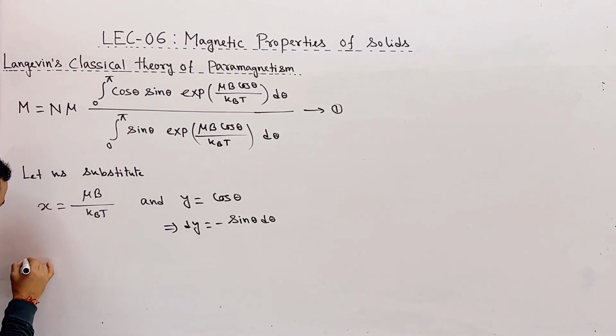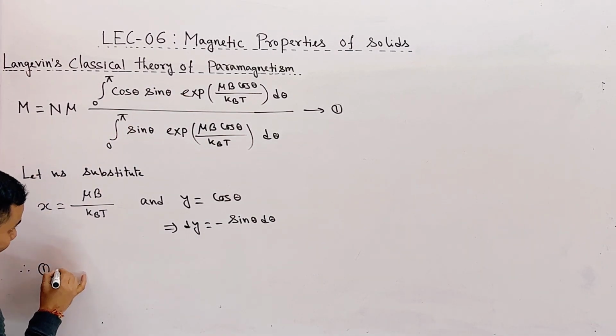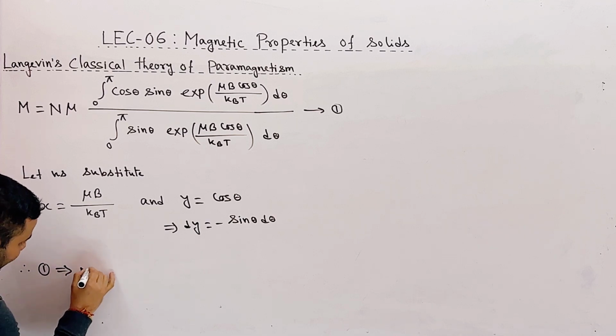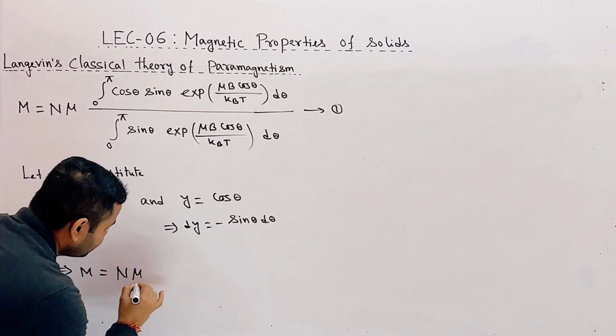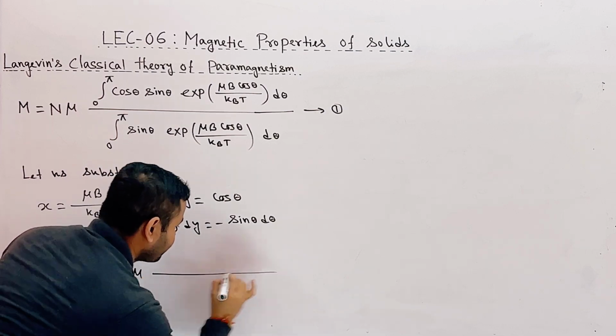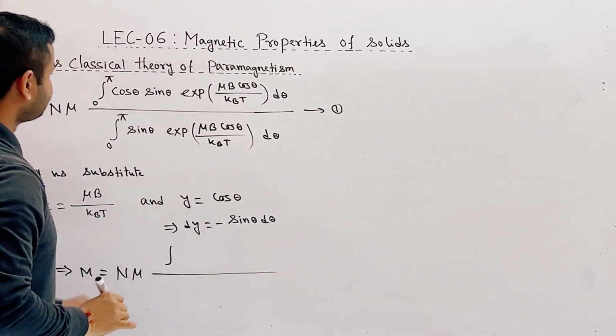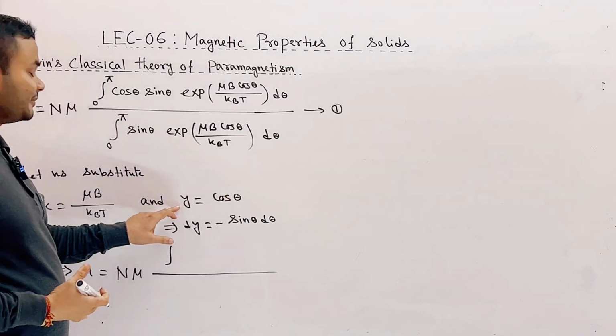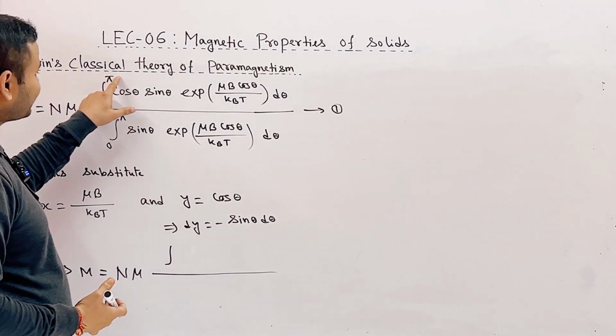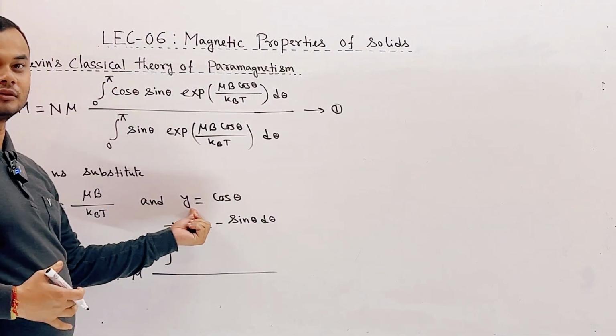So finally we will get total magnetization M as n mu integration, when theta equal to 0 the value of y will be plus 1, and when theta equal to pi then value of y will be minus 1.